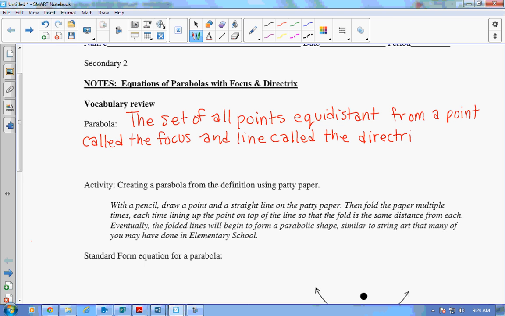That's a new one. We've heard of focus. The line called the directrix.